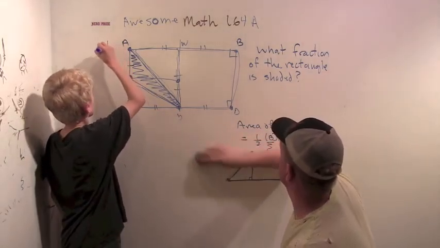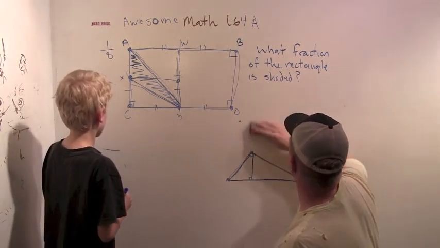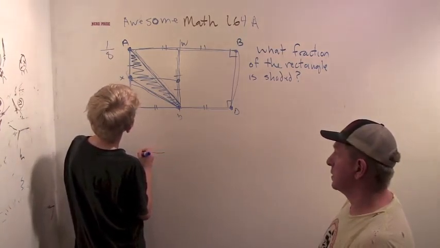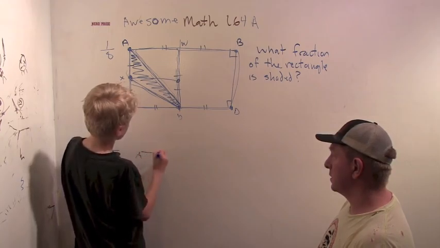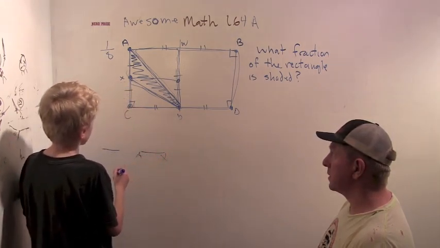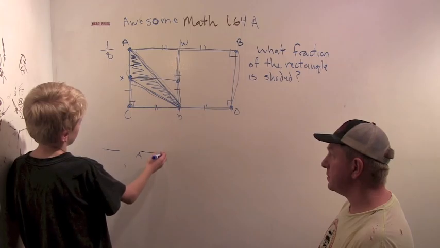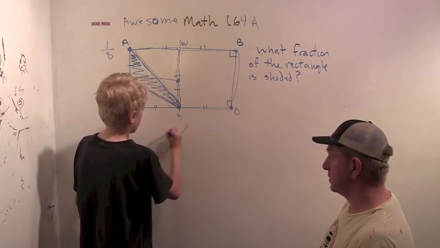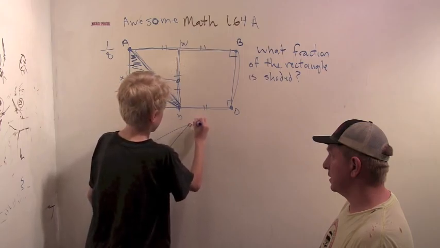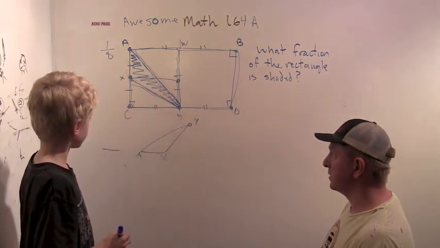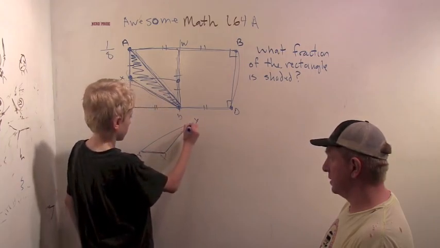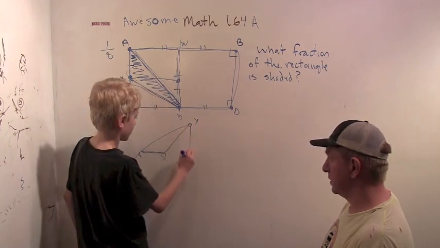So we have A and X, then X goes here, kind of like this. So AXY. We use this as the base and the height is over here.